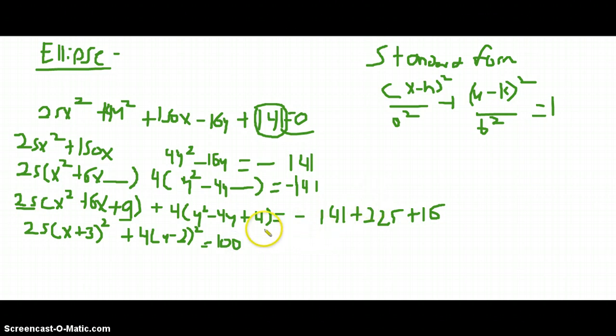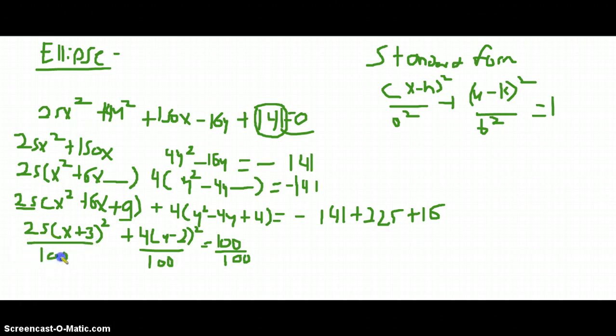So now we see that the standard form says equal 1. Well, 100 does not equal 1, so we have to divide the entire thing by 100. So divide by 100, divide by 100, because what you must do on one side, you must do on the other.